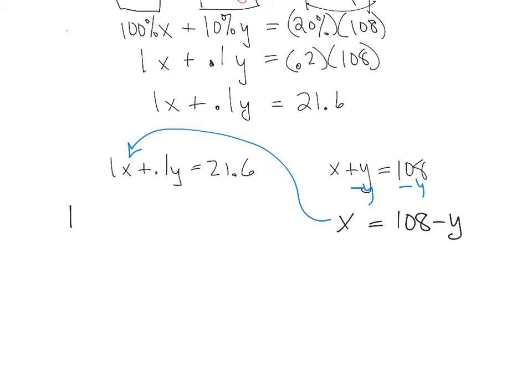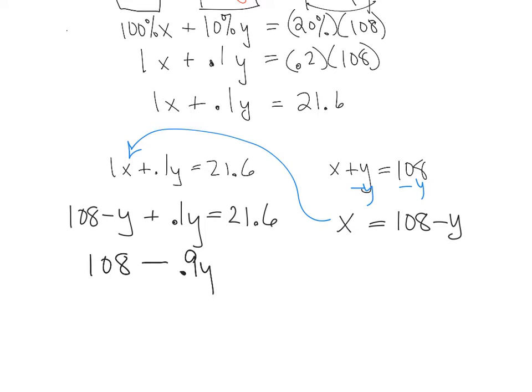So that becomes 108 minus y plus 0.1y is equal to 21.6. And then when we combine these, we get 108 minus 0.9y is equal to 21.6. All right, that's a 1, and minus a tenth gives us 9/10.